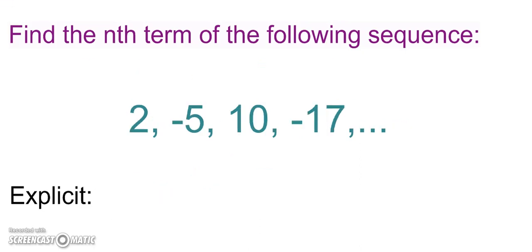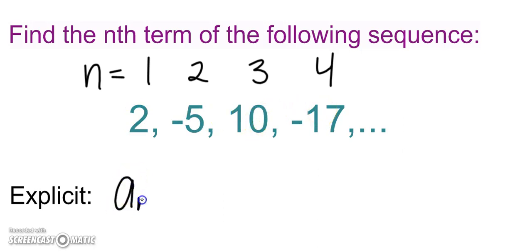Okay, find the nth term of this sequence. So again, start by setting up your n's. We are alternating again, positive, negative, positive, negative. So, for our formula, we're going to need something with this negative 1. This time, though, I don't want the negative signs in the odd ones.